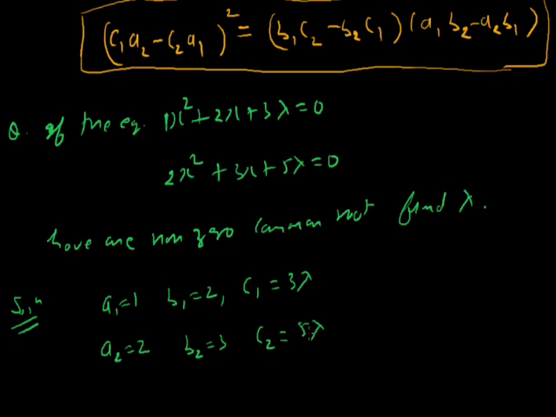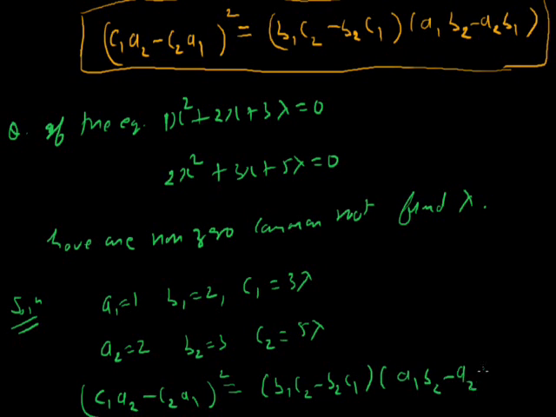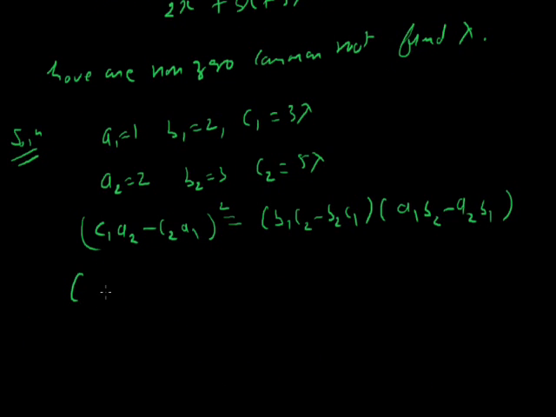Now for the condition of the common root, c1a2 minus c2a1 the whole square is equal to b1c2 minus b2c1 multiplied with a1b2 minus a2b1. Now put the values. What is the value of c1?